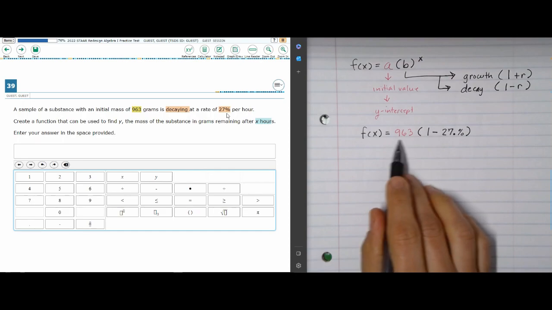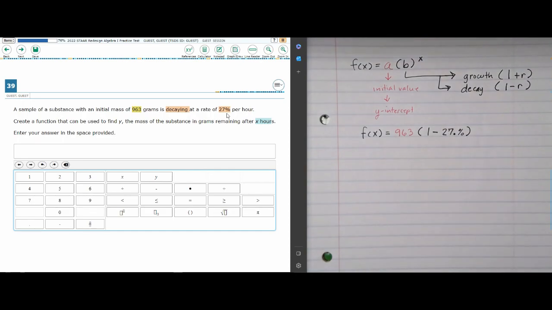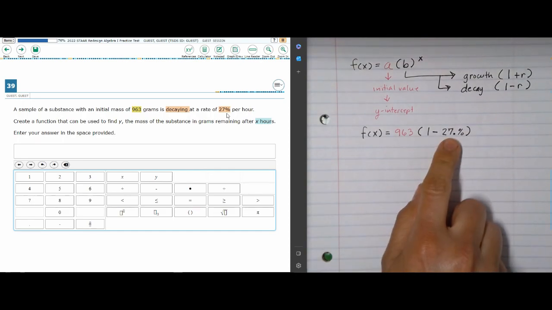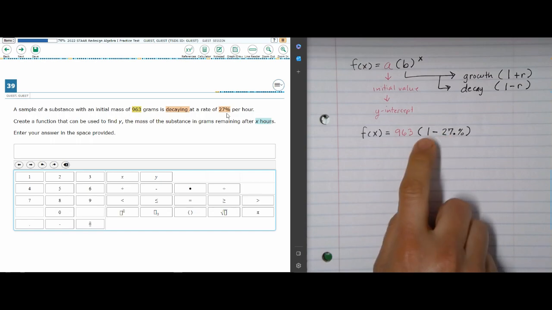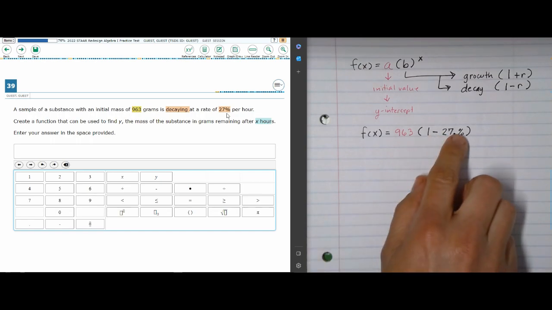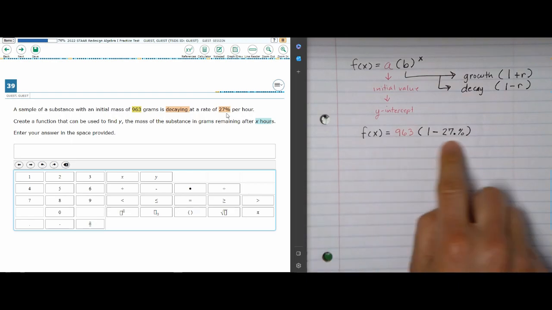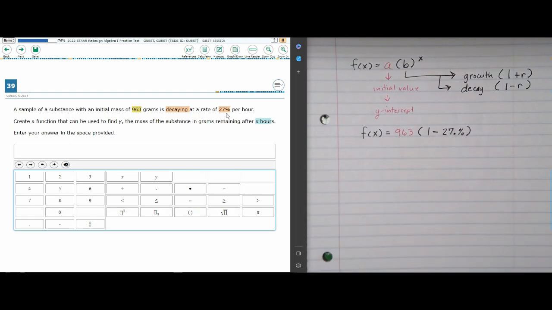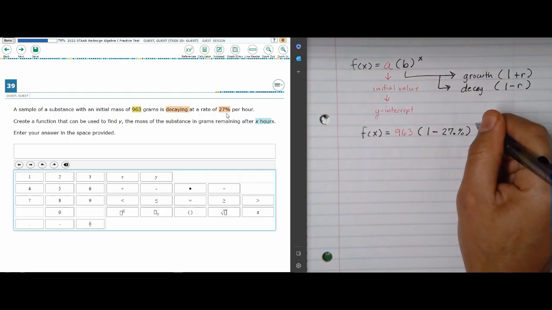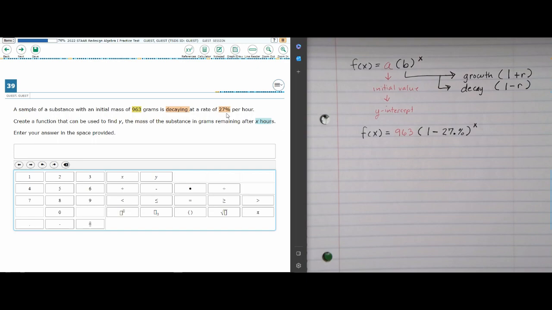Now you can do it all at once like this, or if you want to, you could convert the 27% and then subtract, take 1 minus whatever that value is. So I'm just going to write it out just like this, and we're going to throw it in the calculator and see what we get. And remember, this is all to the power of x. I'm using an x for the time because that's what it said in the story. It wants to find out the mass of the substance in grams remaining after x hours.